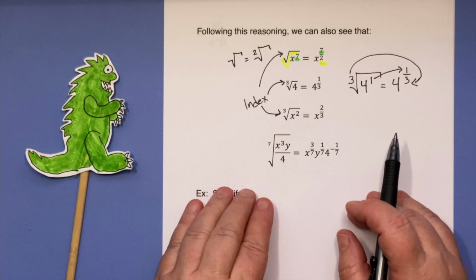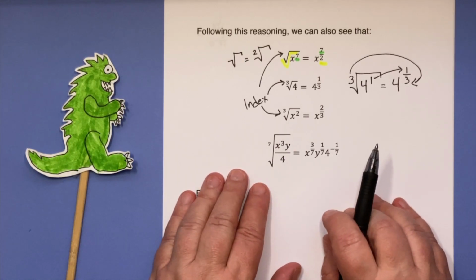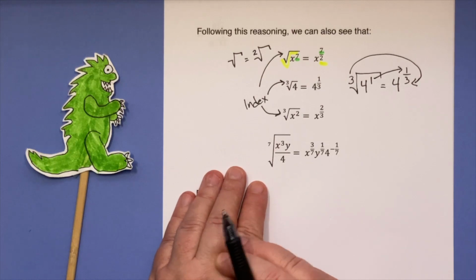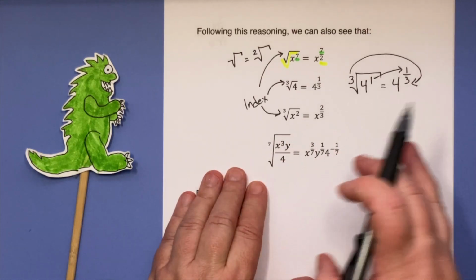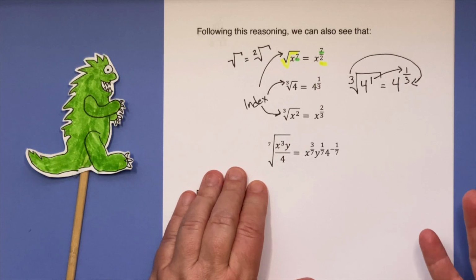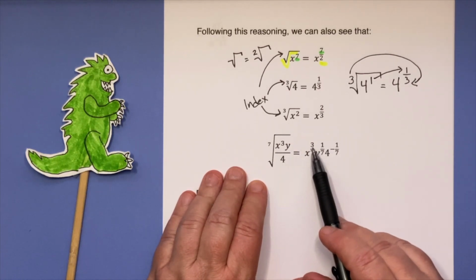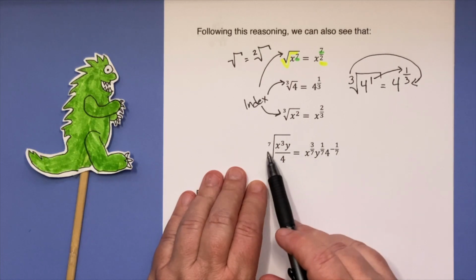Okay, now, you know how I love this. This escalated quickly. Let's look at this one because there's a lot going on in this problem. At first, it just looks like blah, blah, blah, blah. But in fact, it's actually not too bad. Let's look at the x. X is raised to the 3rd power. So we see x with that 3rd power there. But the index is 7. This is the 7th root.